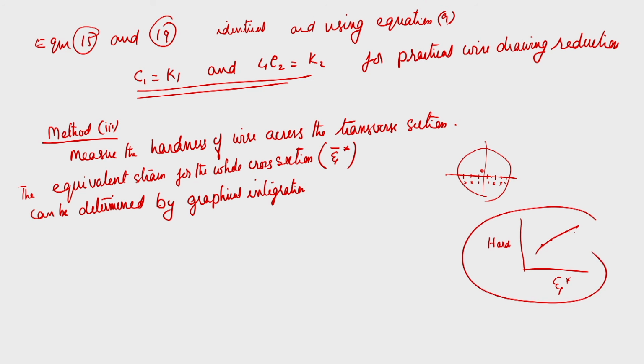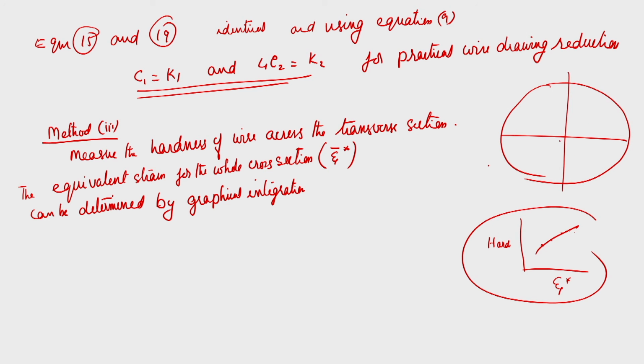So, from this master plot you measure this and then find out epsilon star 1, epsilon star 2, epsilon star 3, 4, like that. You can get the values across our drawn wire, and then the equivalent strain for the whole cross section area you can find out by graphical integration.